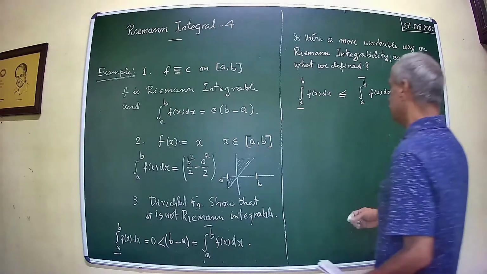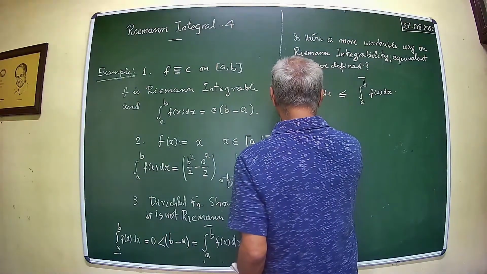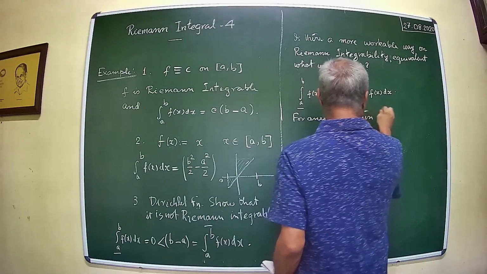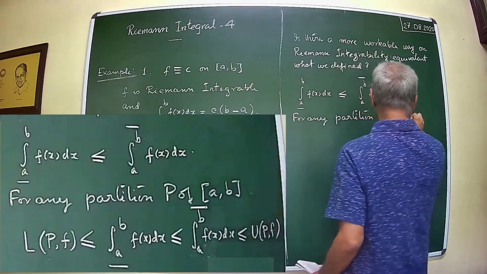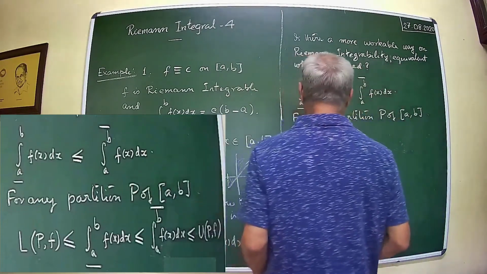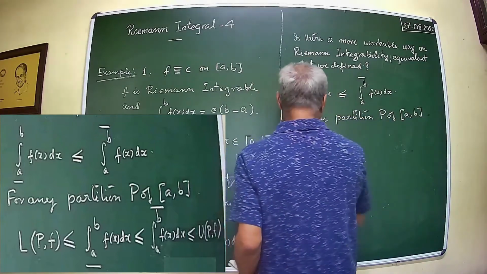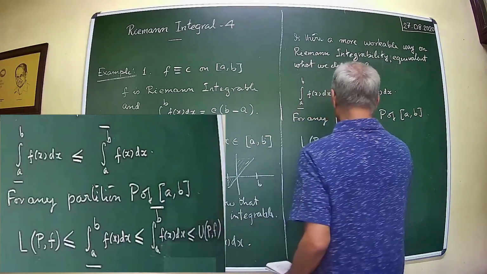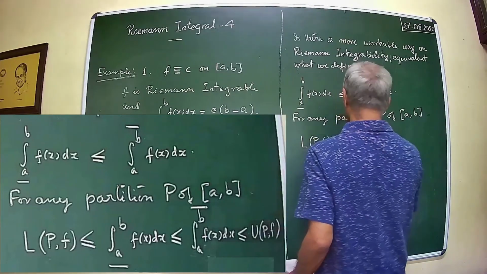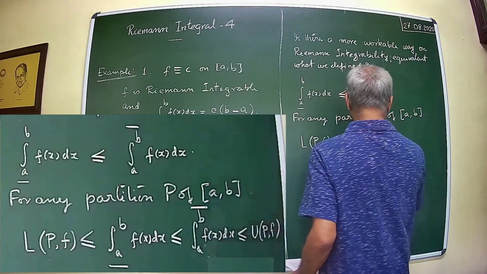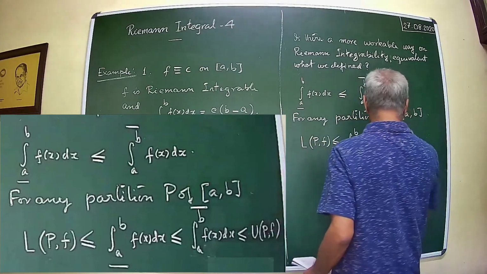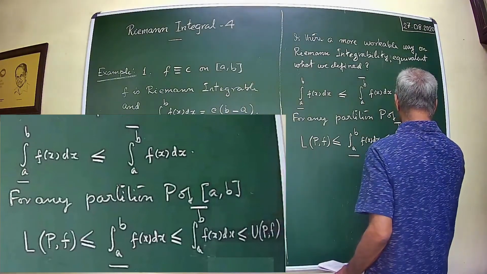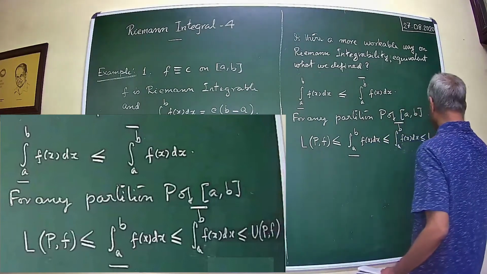And you also know that this is true, that for any partition P of [a, b], we have the lower sum L(P, f), as we have defined earlier, is less than or equal to the integral, which is less than or equal to U(P, f).